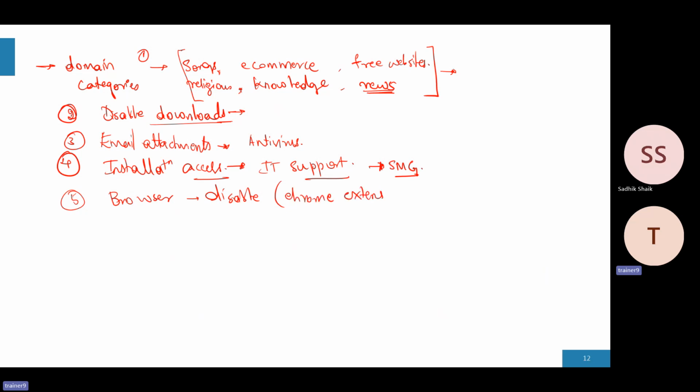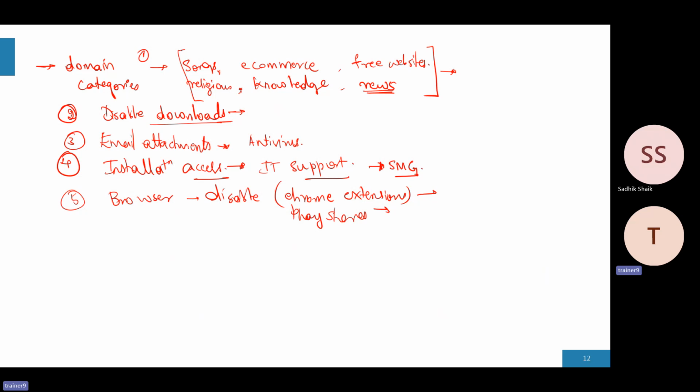Your Play Store and the Microsoft Windows Store, you will not allow installing anything from them. So anything that needs to be installed goes through a request, then a specific approval with business justification, and then a proper security assessment, after which it gets done. So these are all the preventive methods.